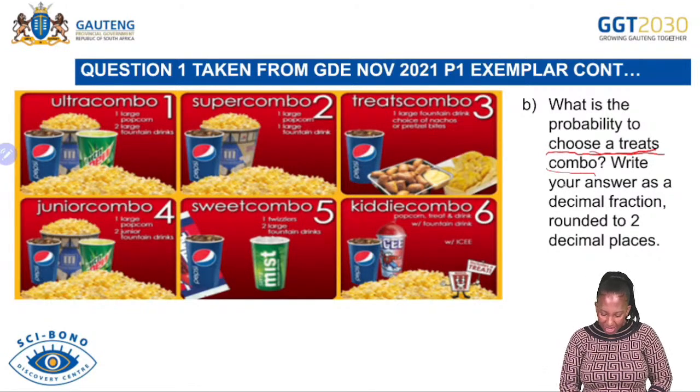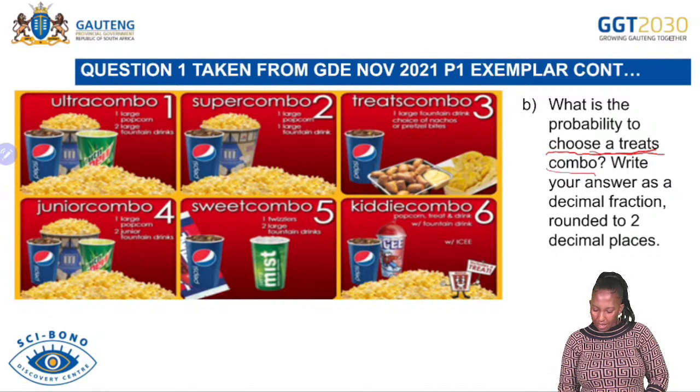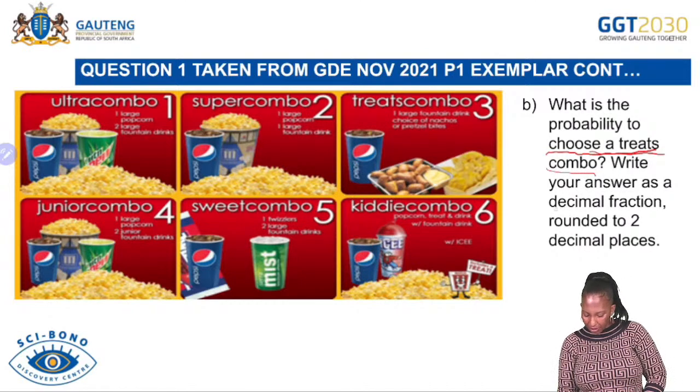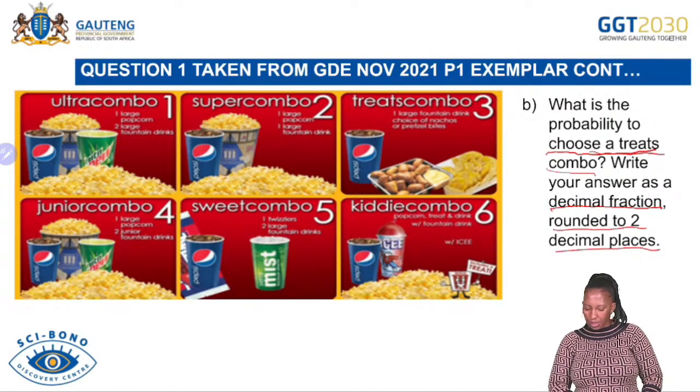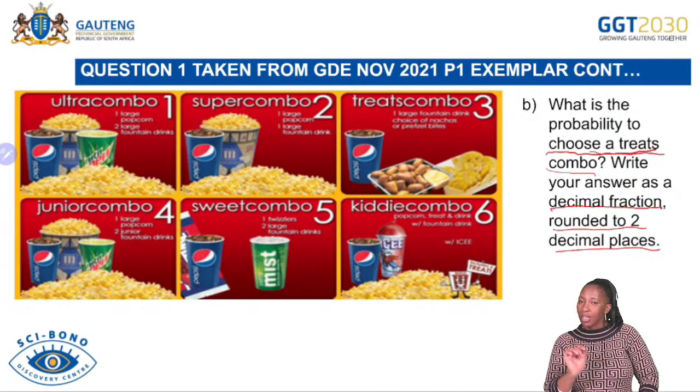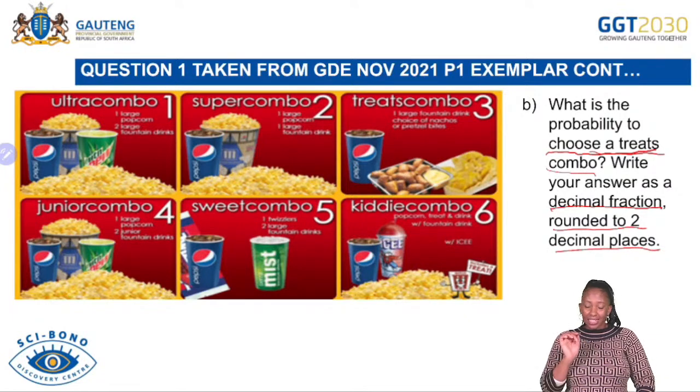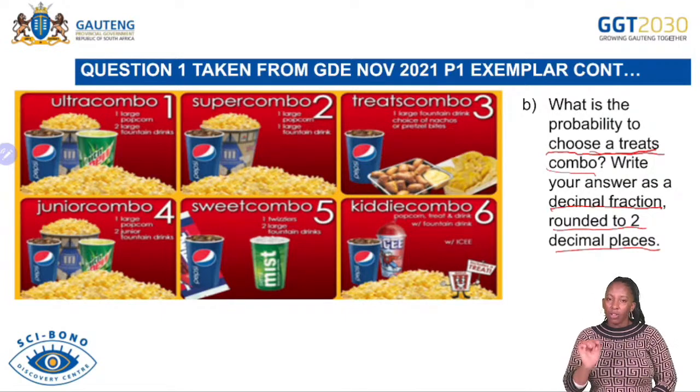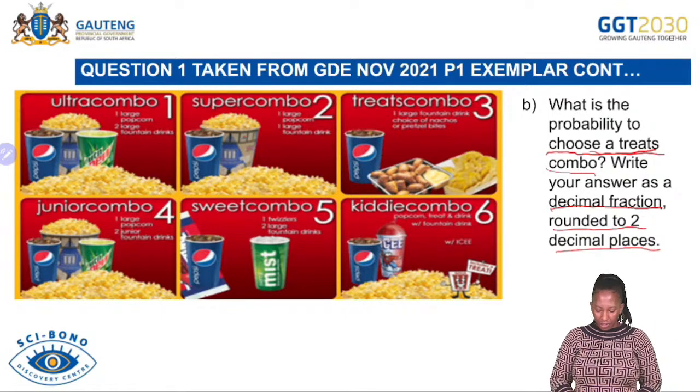Now looking at this, write your answer as a decimal fraction and round it to 2 decimal places. So they're instructing you that you must write your answer as a decimal fraction, and you must round it off to 2 decimal places.